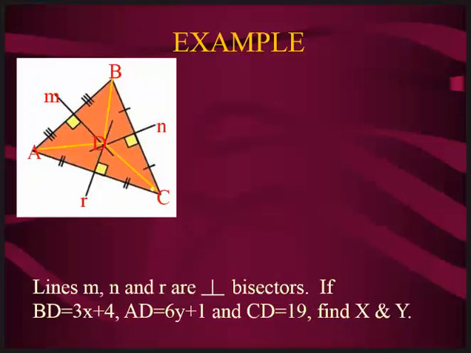Okay, so CD, how is that 19 related to, let's do this first one, BD. How is CD related to BD? Well, because this point D lies on the perpendicular bisector, these two distances to the endpoints are the same. So I can set them equal to each other.